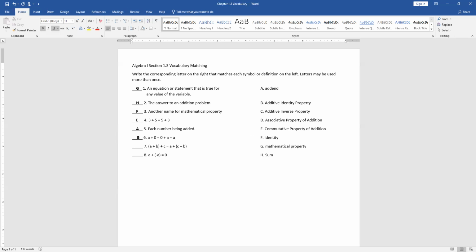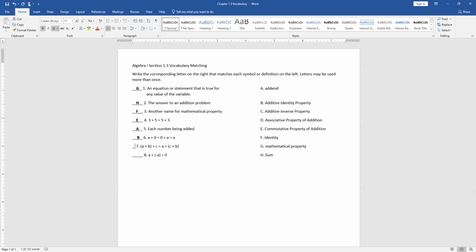So they have the same identity, they have the same value. All right, so number 7, you can think of as the associative property of addition. So A, B, and C are all associated with each other because they're being added together. But it doesn't matter which one comes first, you're still going to end up with the same solution.